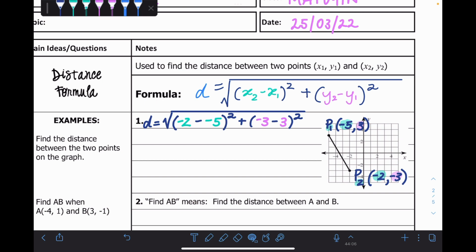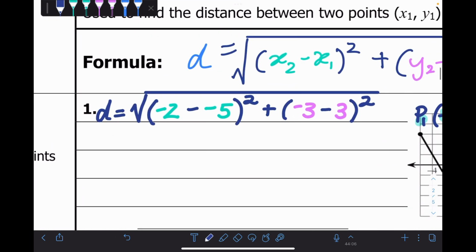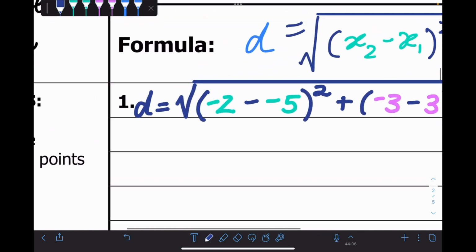Alright, cool. That's the hard work done, isn't it? I've figured out all my points, I've put them in. Now all I need to do is just slowly do the math.